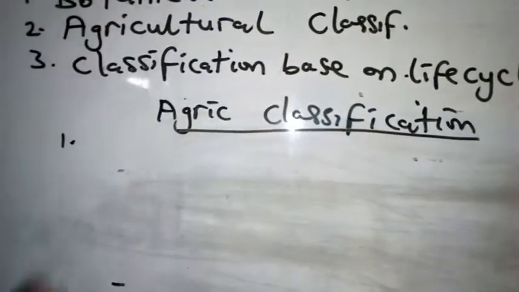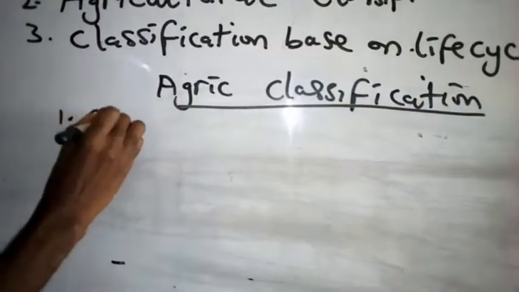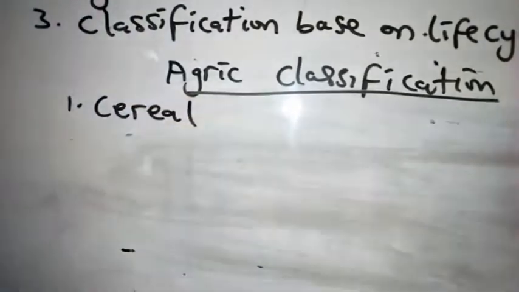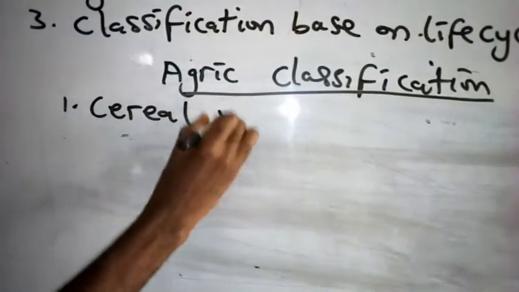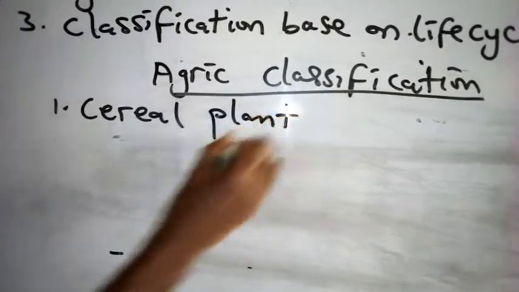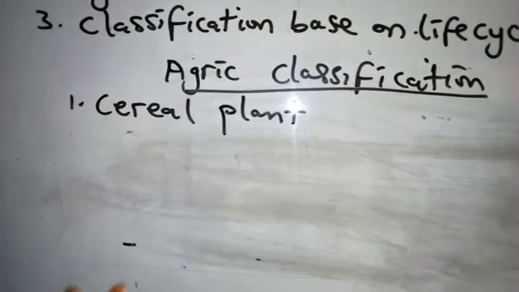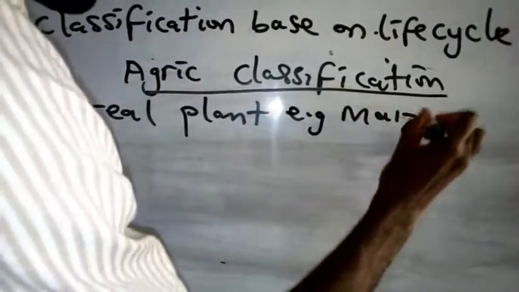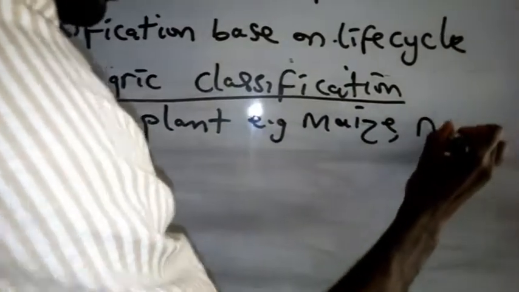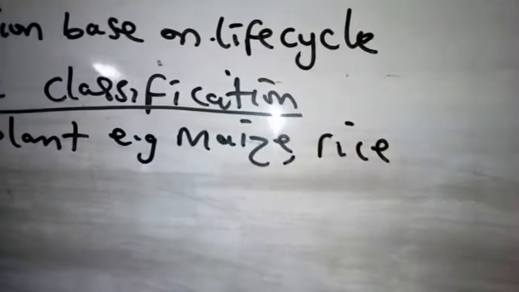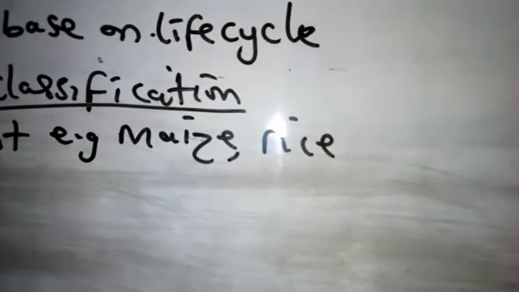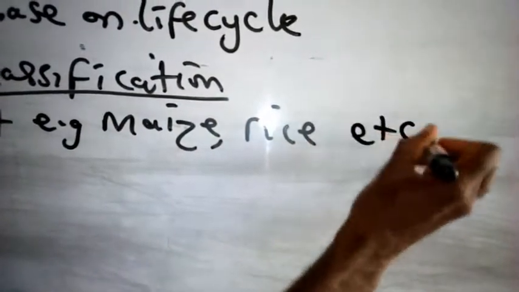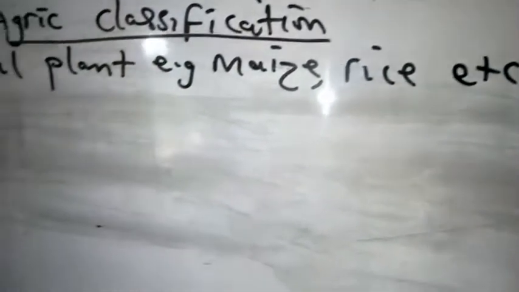The first one on my list are the cereals, the cereal plants. So plants are classified based on cereals. An example, we have the maize, we have rice, etc. You can read up the rest for yourself.